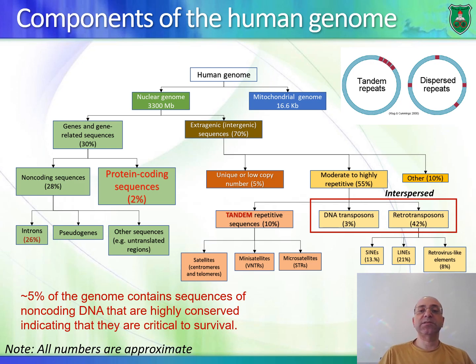And that tells us something, that these sequences, even though they're non-coding, even though they're not transcribed into RNA, are conserved because they are important. Okay, and that's why they have been conserved, kept throughout evolution.